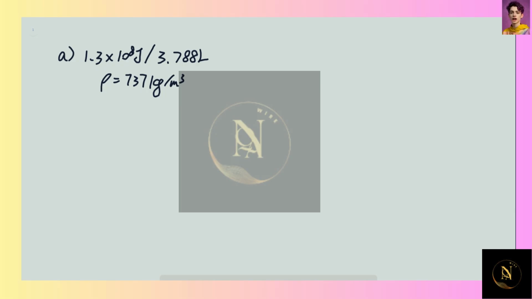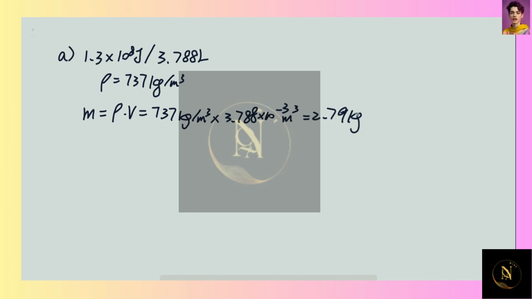So it's really just unit conversion. So for part A, for each 1 gallon, the mass equals rho times V, 737 kilogram per meter cube times 3.788 times 10 to the negative 3 meter cube. So this is 2.79 kilogram.